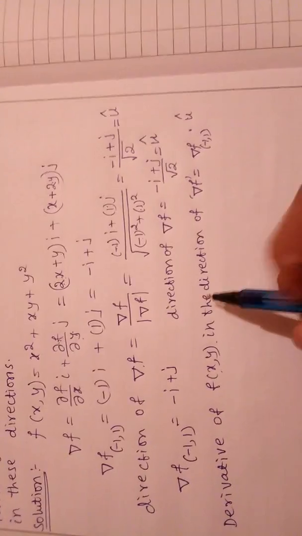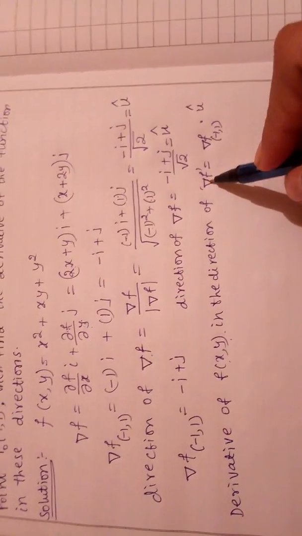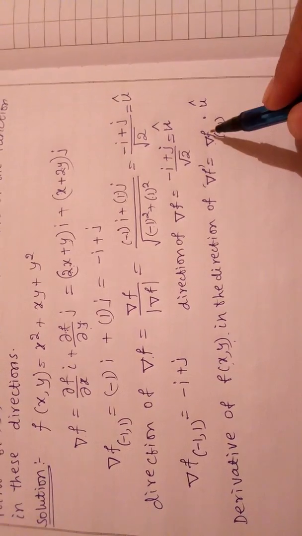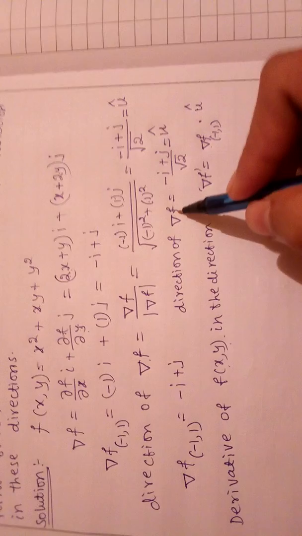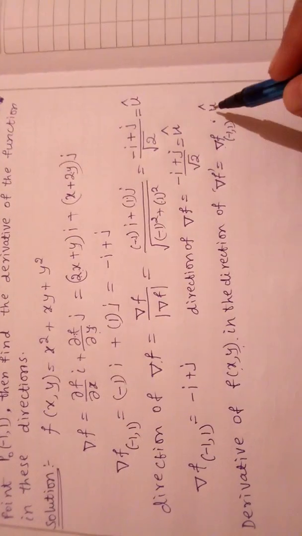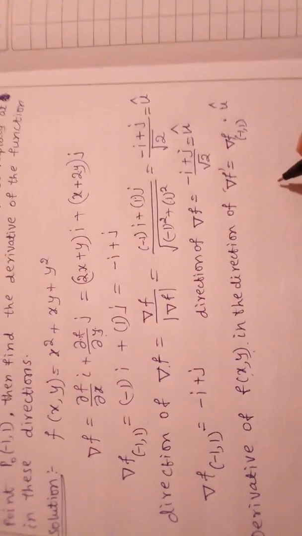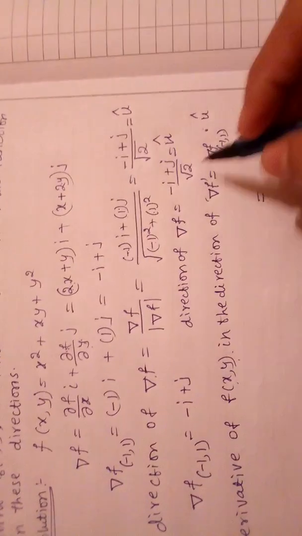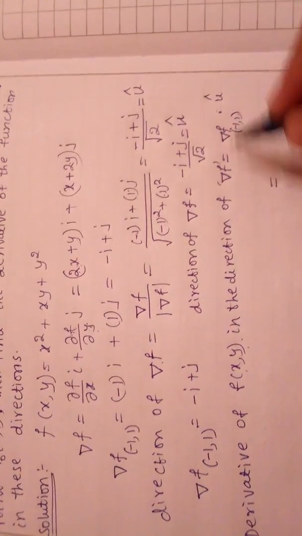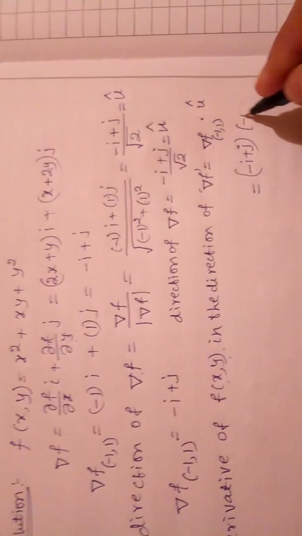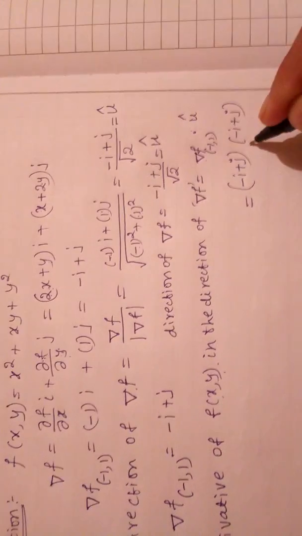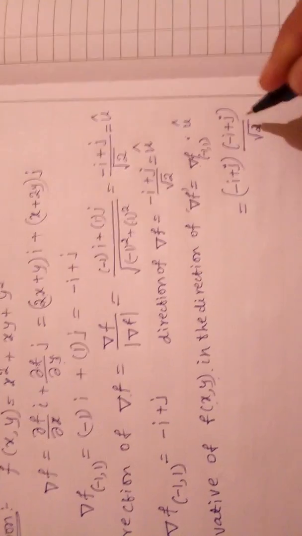This is equal to (-i + j) dotted with (-i + j) divided by root 2.